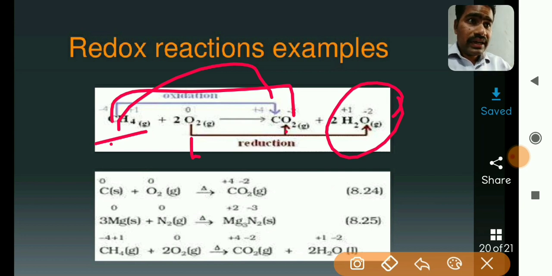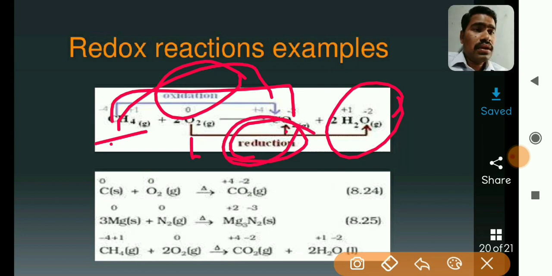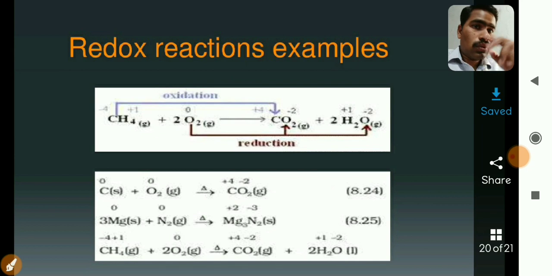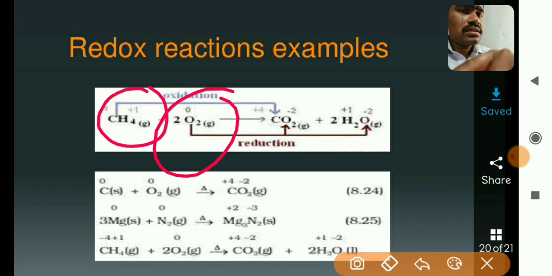As we have defined earlier, addition of hydrogen is reduction. So addition of oxygen is oxidation, and addition of hydrogen is reduction. If I ask you what is the oxidizing agent, here O2 is the oxidizing agent. What is the reducing agent? Here CH4 is the reducing agent.